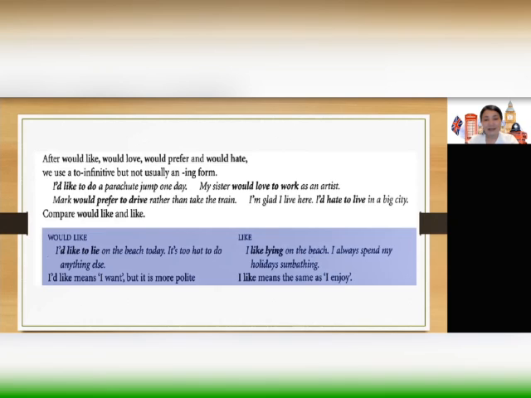And the next is like, just like. For example, I like lying on the beach. I always spend my holidays sunbathing. And here, I like means the same as I enjoy.